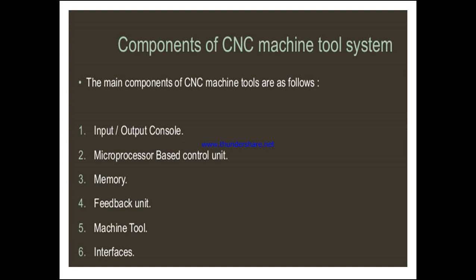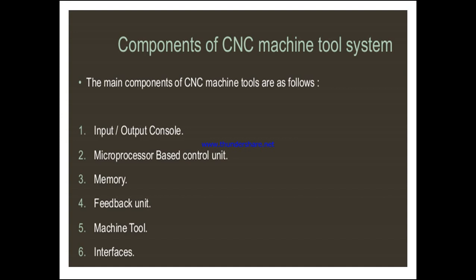When we talk about the components we have in the CNC, the main components are the input and output console and the microprocessor based control unit. Input is what is given in terms of the program, and output is what we get.